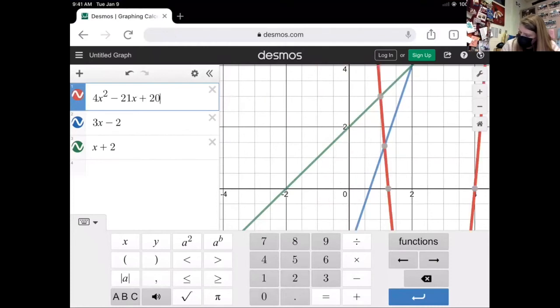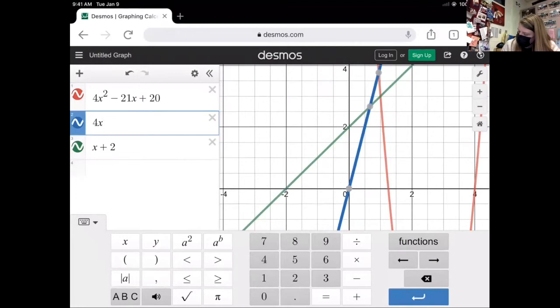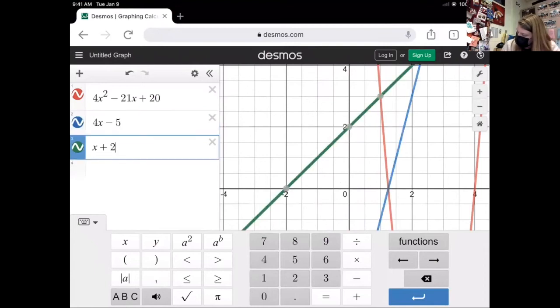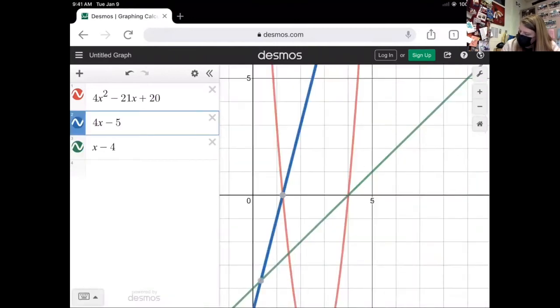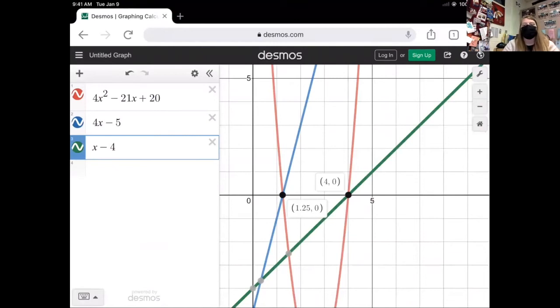And then, yes, Miss Simpkins, that's right. And then it was 4x minus 5, and then x minus 4. And you can see that those two lines cross my parabola on the x-axis.